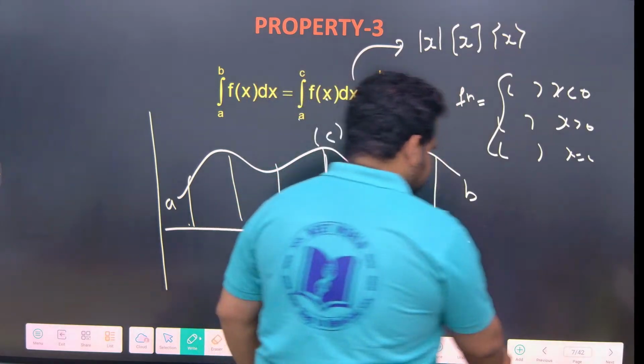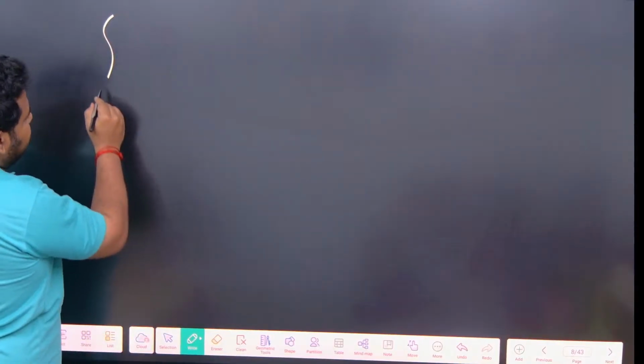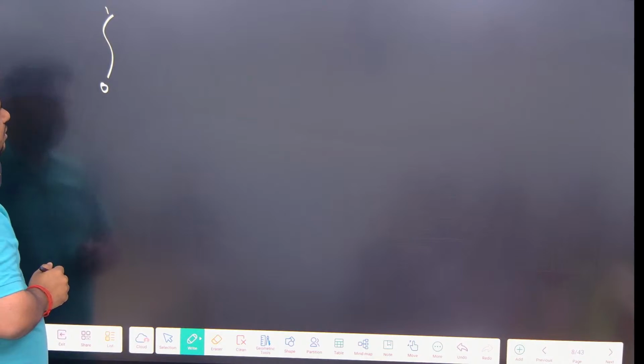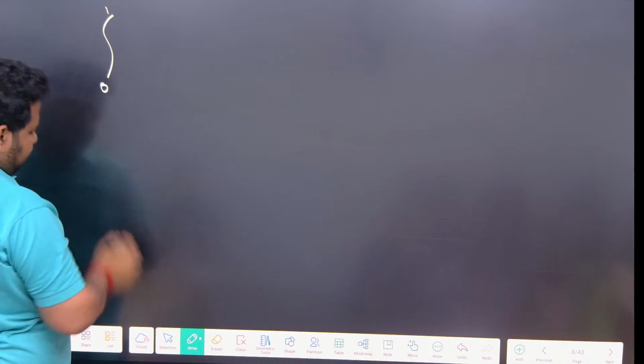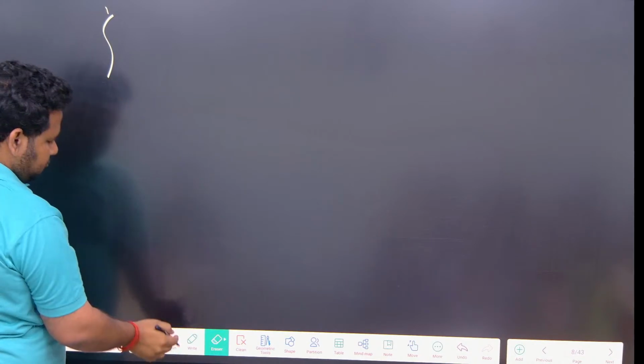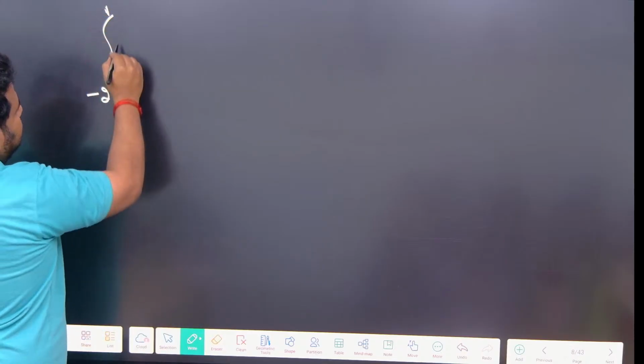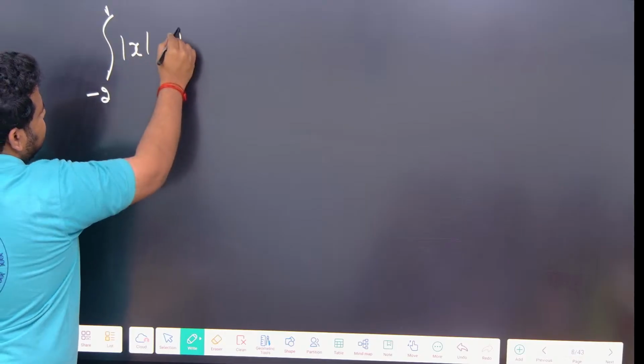Now, see here, let me take the integral from minus 2 to 1 of mod x dx.